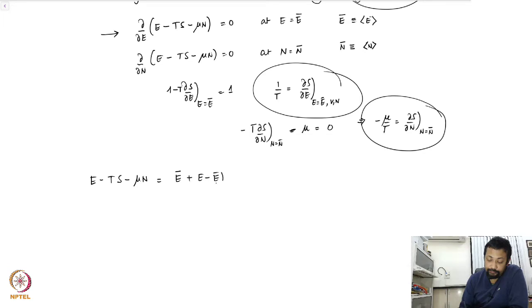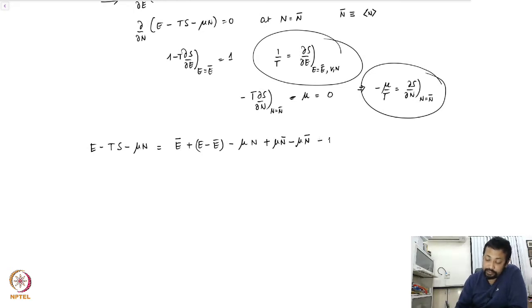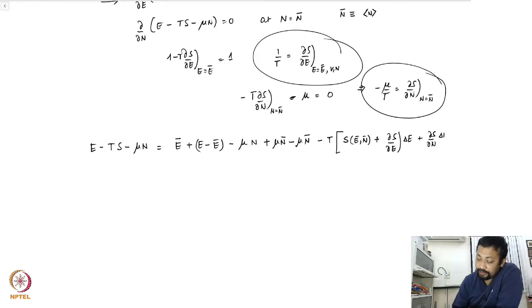E minus E bar minus mu N plus mu N bar minus mu N bar minus T S of E bar, N bar plus del S del E delta E plus del S del N delta N plus del 2 S del E 2 delta E square plus del 2 S del N 2 delta N square.